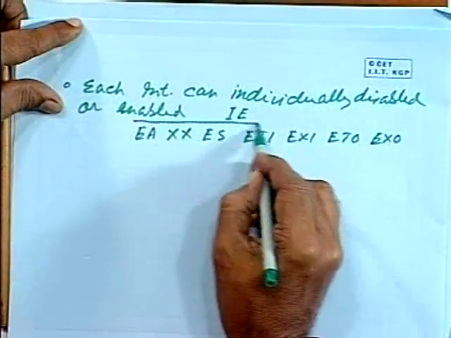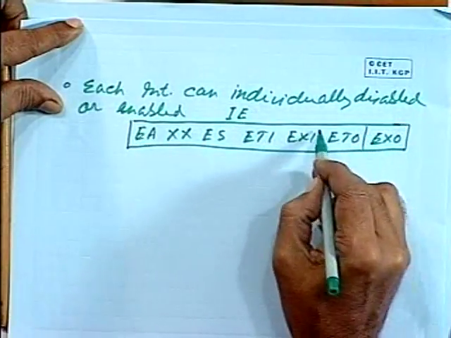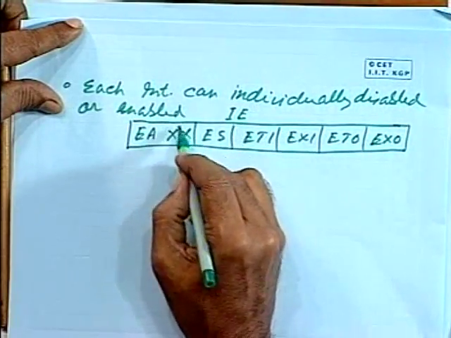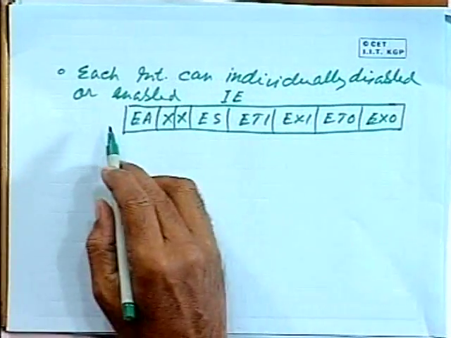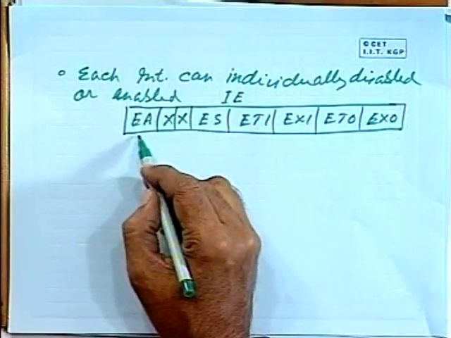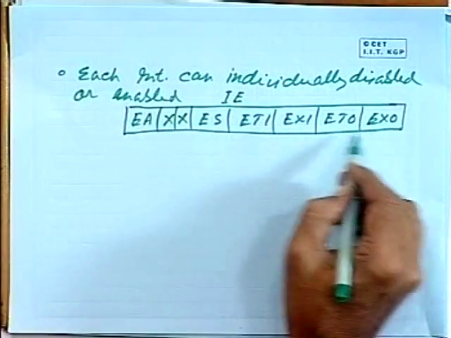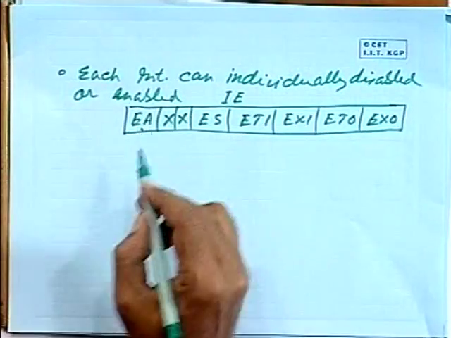So these are the various bits of that register, and you can set or reset them to enable or disable various interrupts. Not only can each of them be enabled or disabled individually, all the interrupts can be enabled or disabled with the help of this bit.